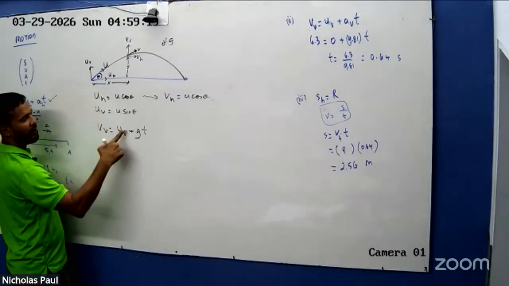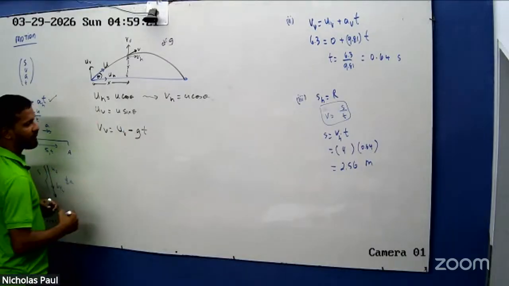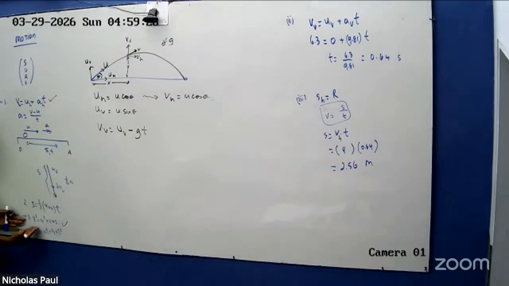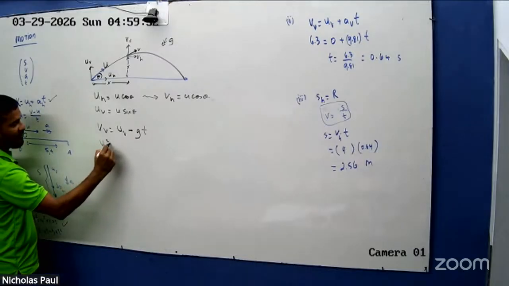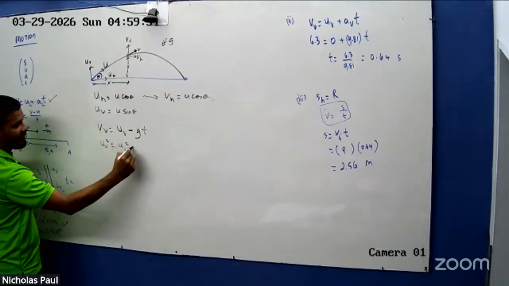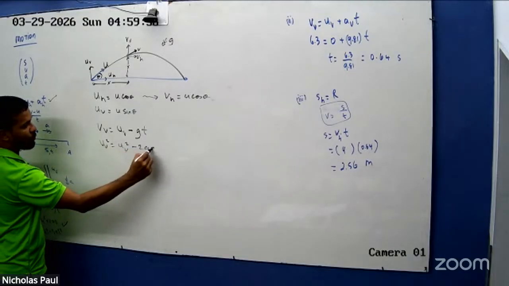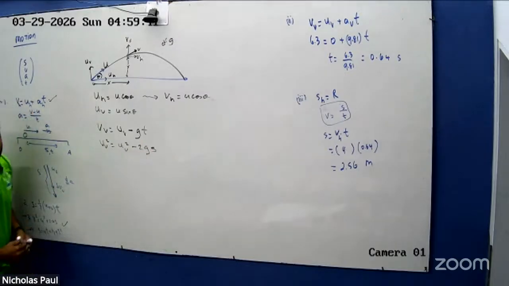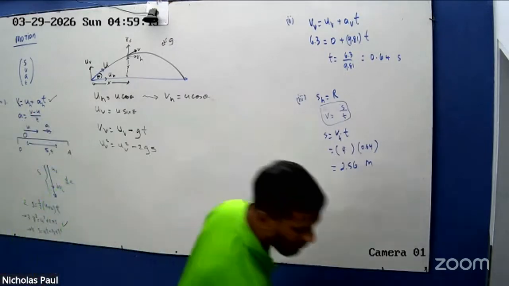Because they're going upwards, that'll be a minus. So that is my vertical velocity. Or I could use this version: vertical velocity squared is the initial vertical velocity squared minus 2as.